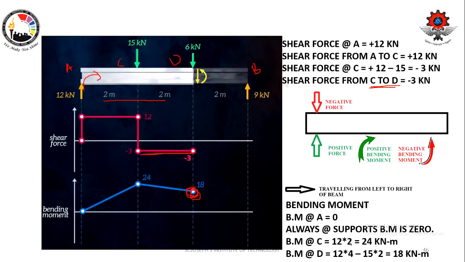Next, 15 kilonewton into distance 2. This is anti-clockwise, this is clockwise. Clockwise is positive, anti-clockwise is negative. So minus 15 into 2, that will result in the value of 18 kilonewton meter. See, this is 18 kilonewton meter.